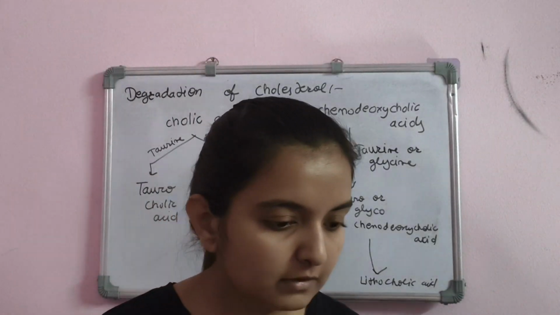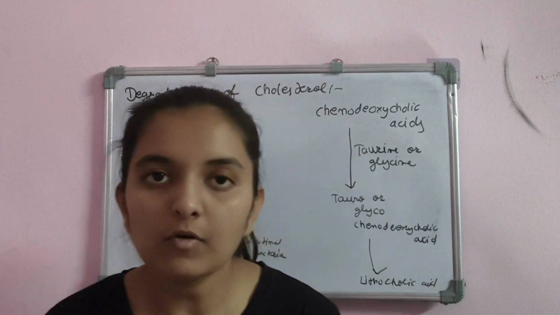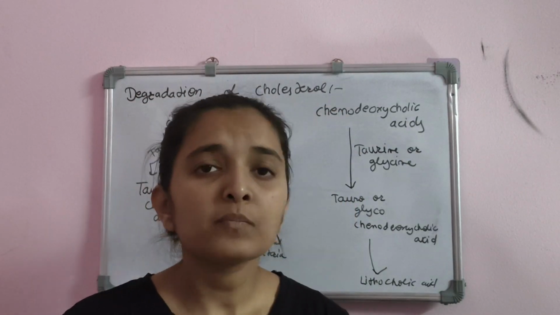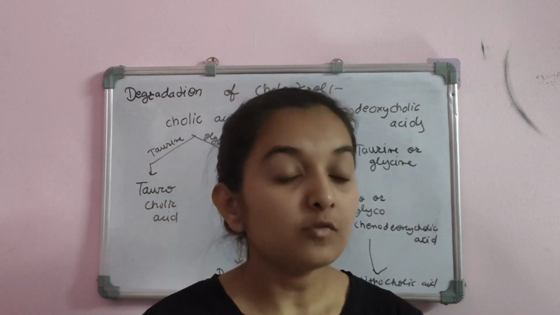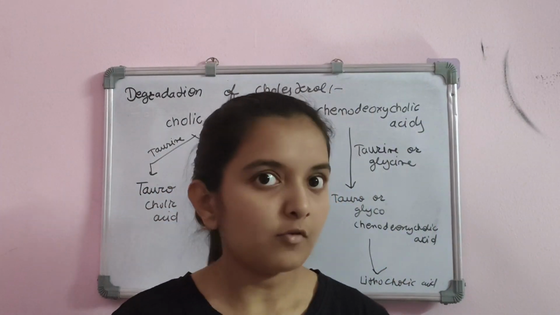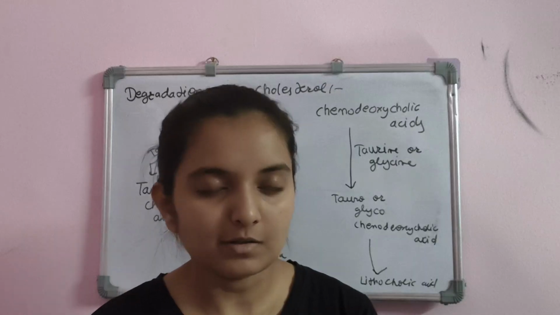So this was the degradation of cholesterol. So in the metabolism of cholesterol we have covered synthesis, function, regulation and degradation of cholesterol. So these were the four main topics in the metabolism of cholesterol, which is a topic in metabolism of lipids.